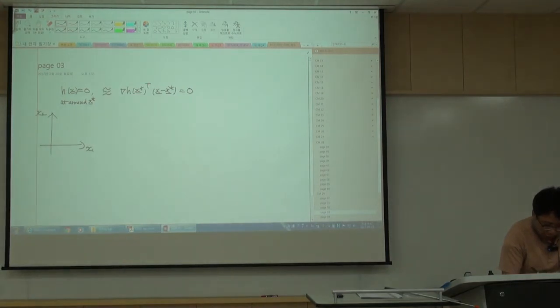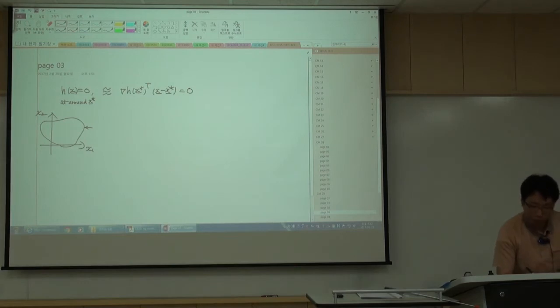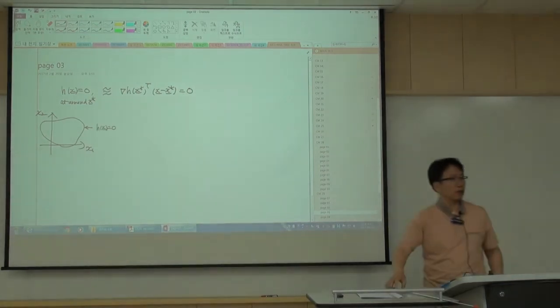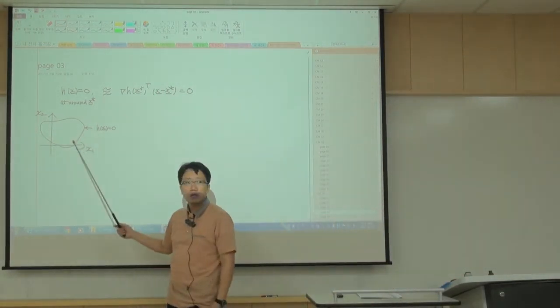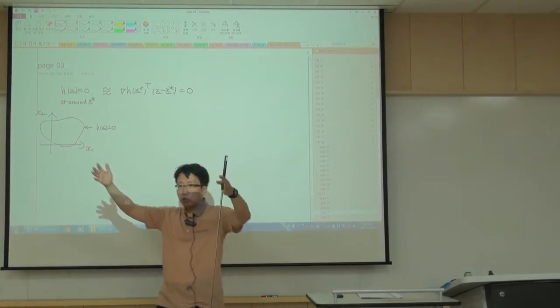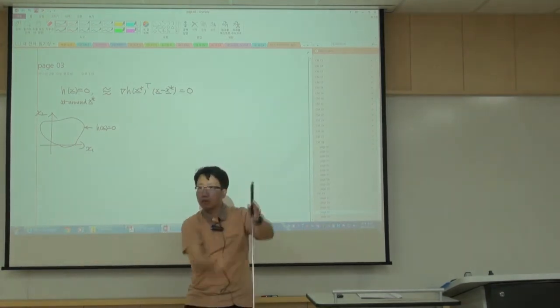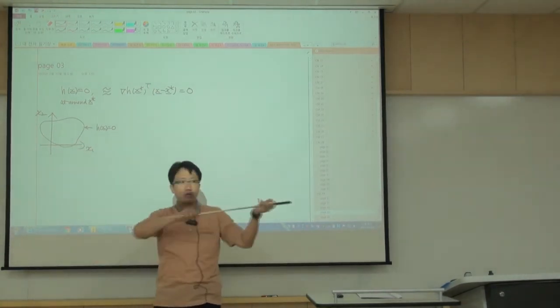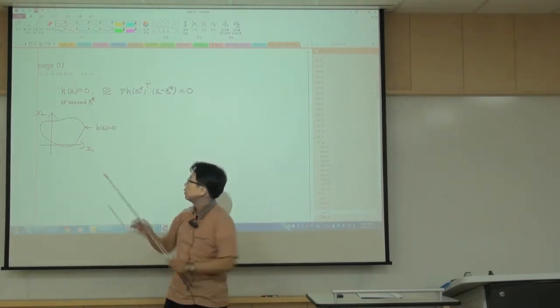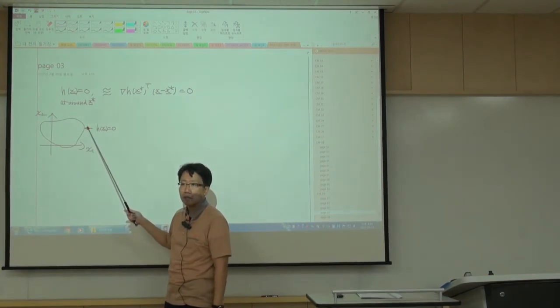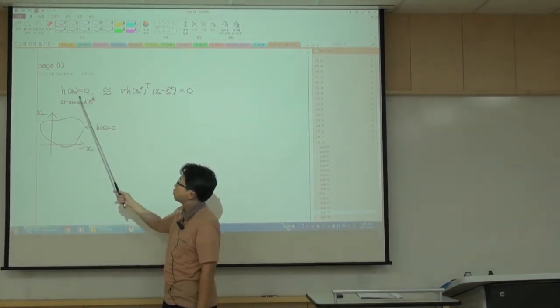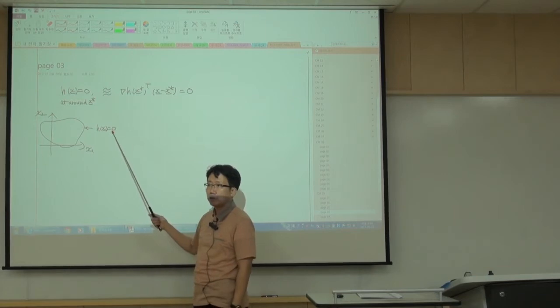In 2 dimensions, suppose this straight line is h of x equals 0. Why not a straight line, why do I write this closed curve this way? For example, consider a 2-dimensional function that has a shape like that. And this is your level 0. What will happen? You may have such a constraint set. This is a level set of h with level 0.